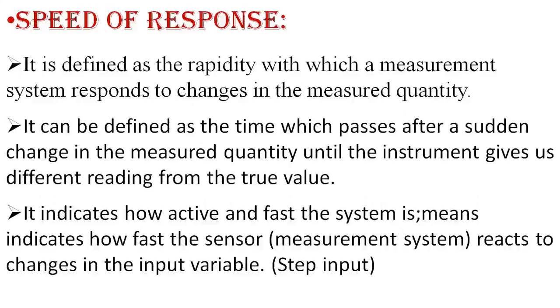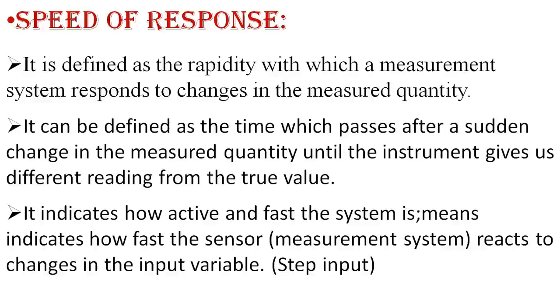Next, speed of response. The third dynamic characteristic of a sensor is the speed of response. It is defined as the rapidity with which a measurement system responds to changes in the measured quantity.